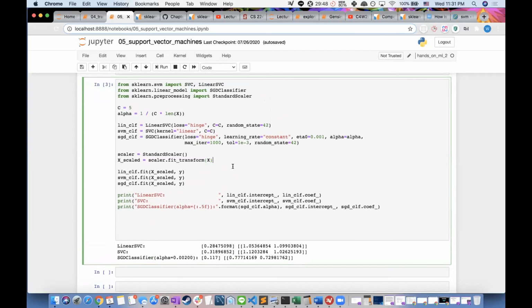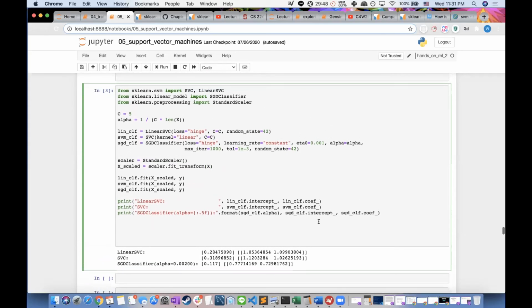Actually, sorry, I did get, while using different parameters than what he used, instead of using constant learning rate, if you use learning rate optimal, with the same alpha and everything, then the value you'll see for the SGD classifier is a lot closer to what you see in the others. Let's try that.